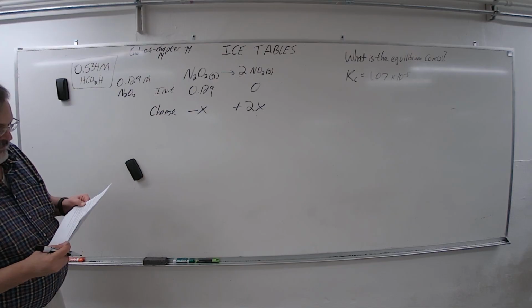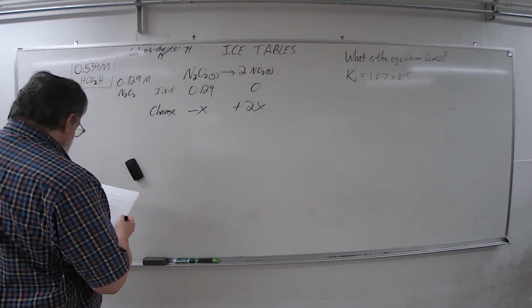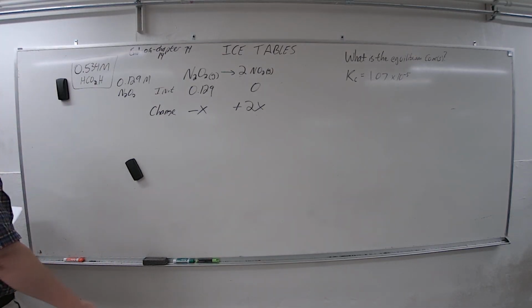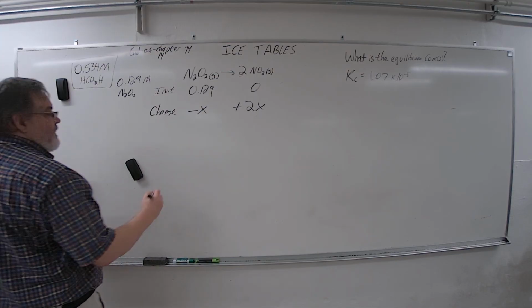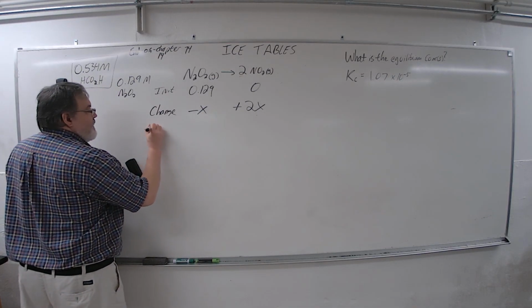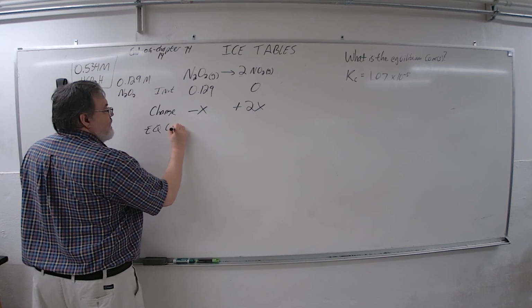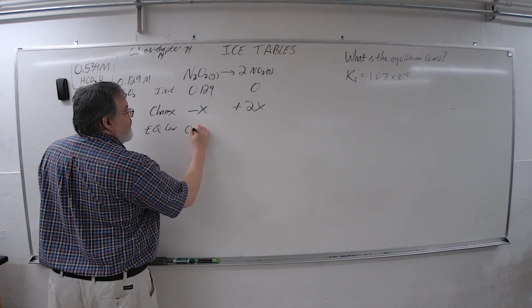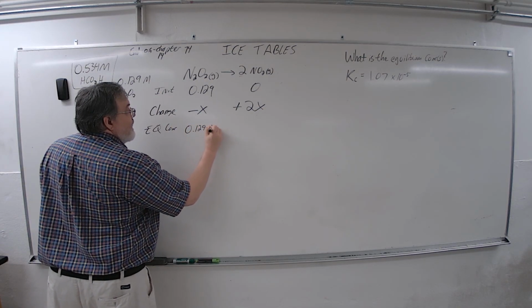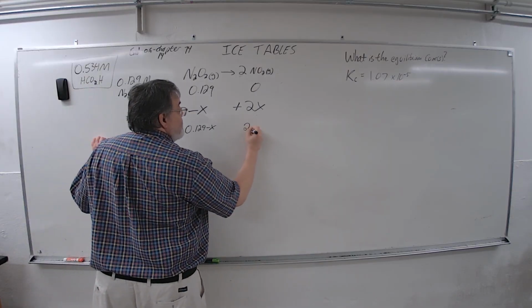Set all the information to give me this. And we've got the KC over there. All right. At equilibrium, the concentration is 0.129 minus x. This one is 2x.